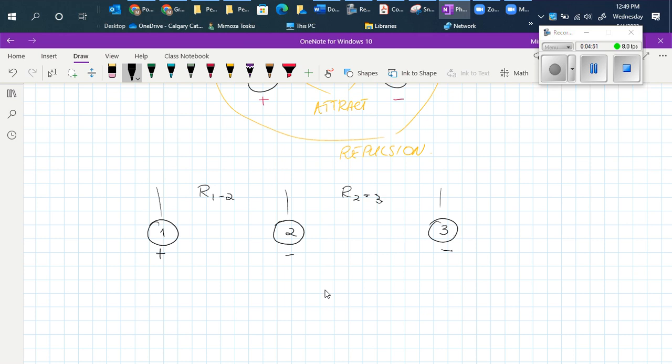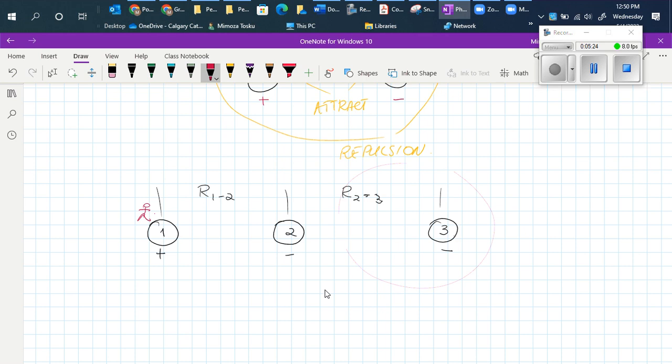So if we are looking for the net electrostatic force at charge 1, then we place ourselves at charge 1 and ask: what is the force that charge 1, the charge of our interest, is experiencing as a result of the presence of charge 2, supposing that charge 3 doesn't exist?